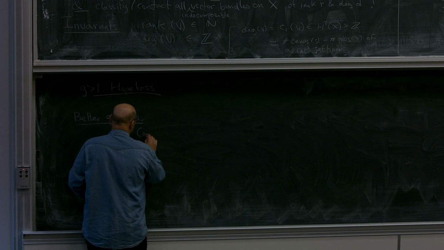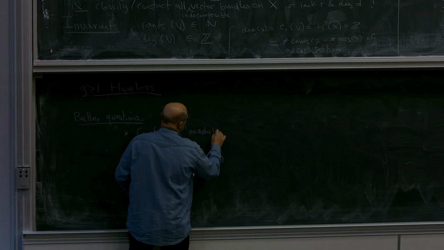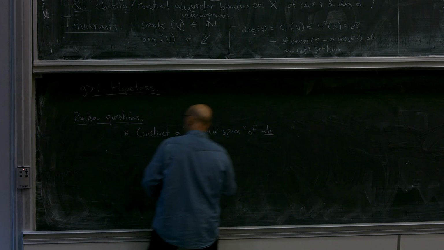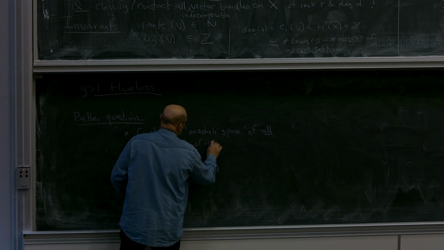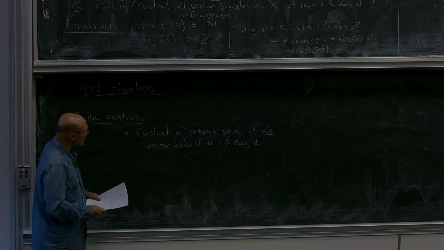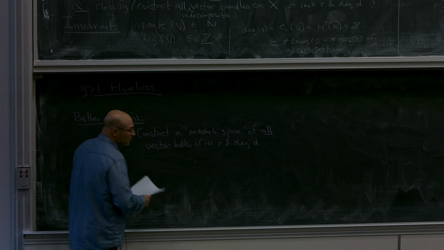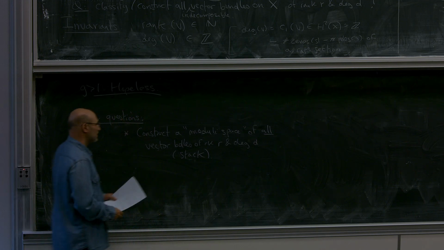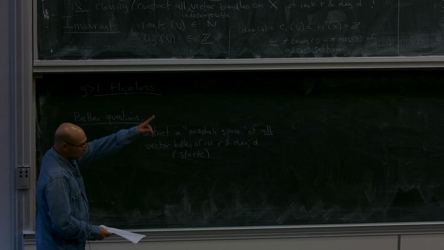So we can construct something which we call the moduli space of all vector bundles of rank R and degree D. And this is not going to be such a, well, it is very nice, but it's not an algebraic variety. This is what's called a moduli stack. And it's not separated.